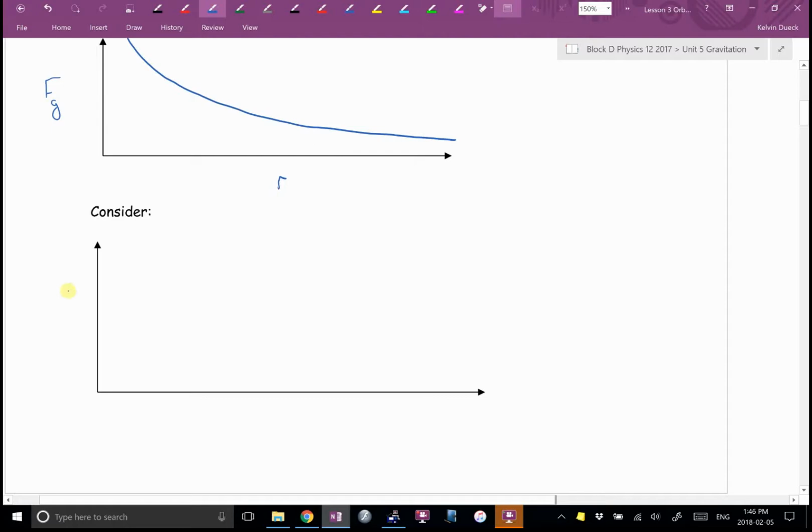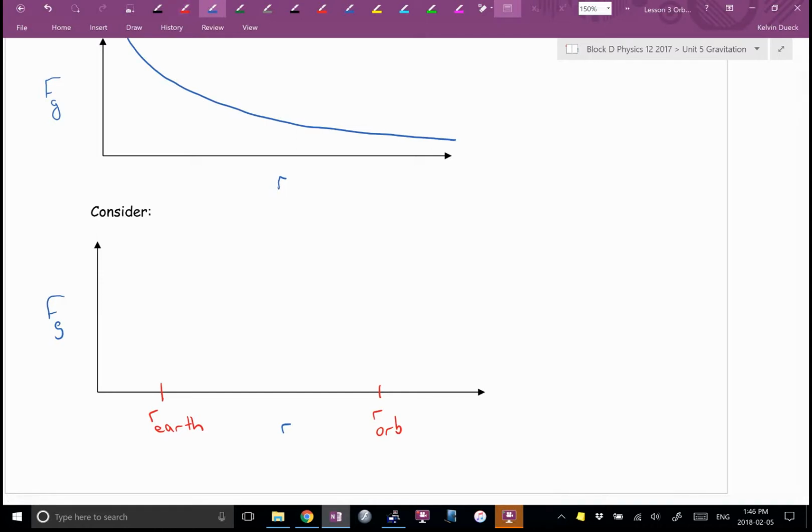So let's trace this same graph, Fg and r. But now I'd like you to put a point right there, and we're going to call it r Earth. And then we're going to put another point right here. We're going to call it r orb, for orbit.